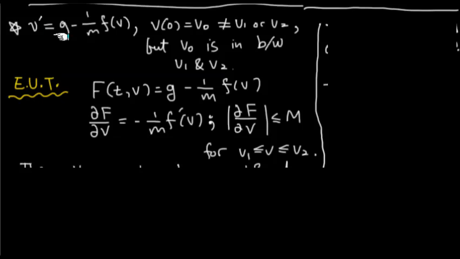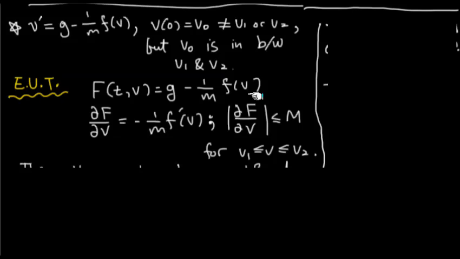The first derivative is written in terms of the main variable time and our unknown function v. In this theorem, we calculate this partial derivative. Here it will be just the derivative with respect to v because it's only in terms of v. So the derivative of this one is 0. The derivative of that one remains there as a constant multiple.